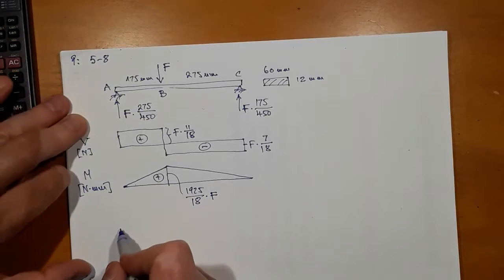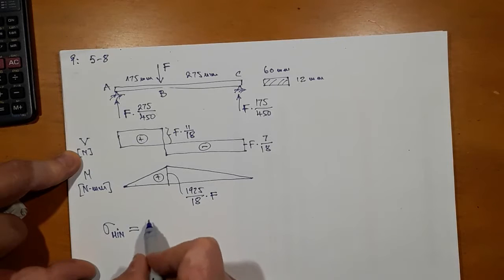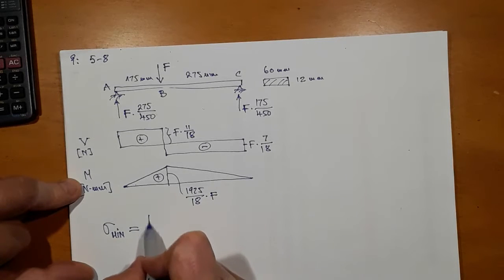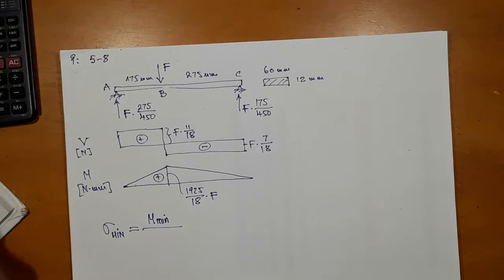And now we can calculate sigma min and sigma max. Sigma min is going to be M minimum over the section modulus.